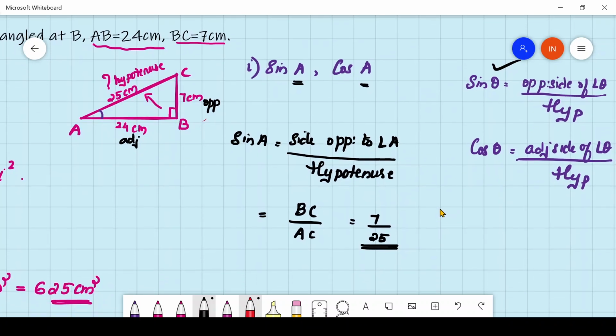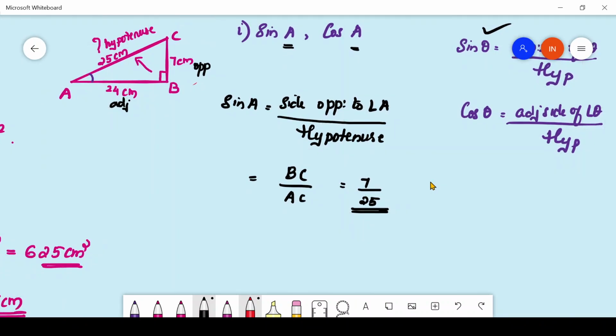So let us see now what is cos A. We have seen cos of an angle theta as the adjacent side of angle theta divided by hypotenuse. So cos A will be equal to side adjacent to angle A divided by hypotenuse.